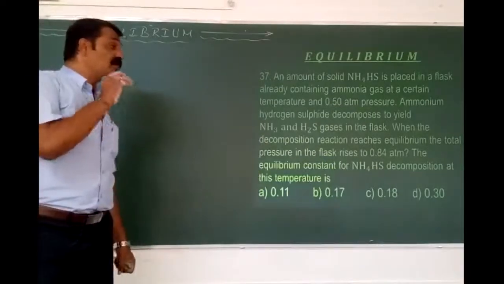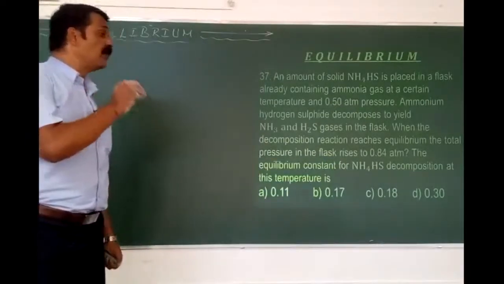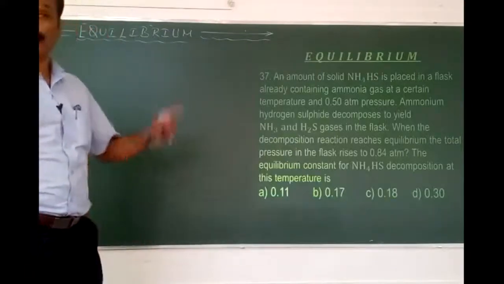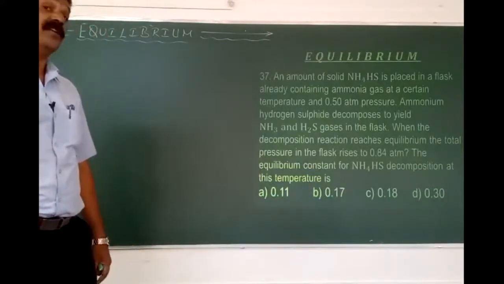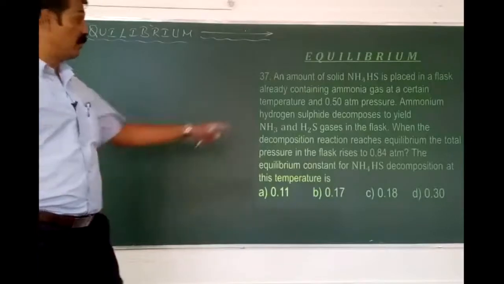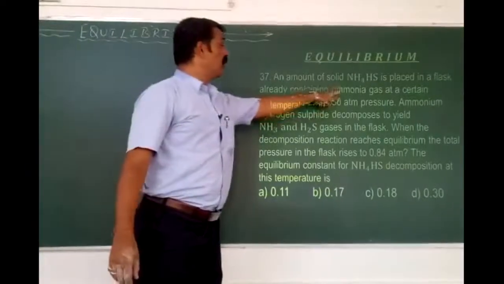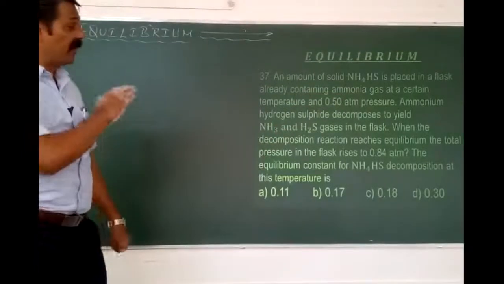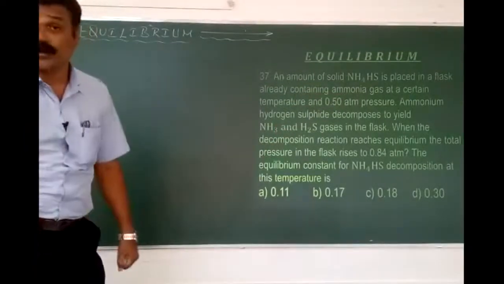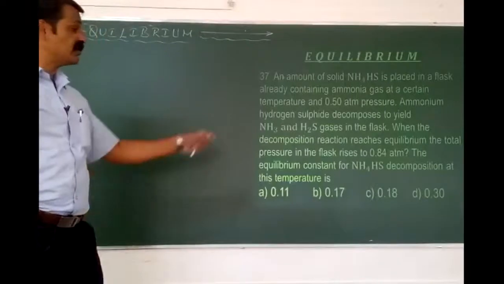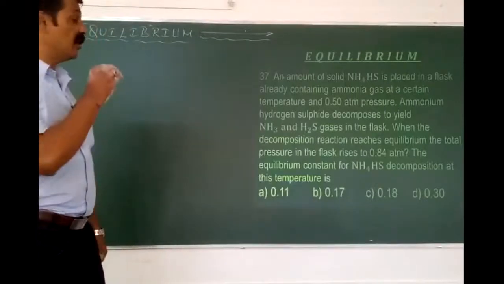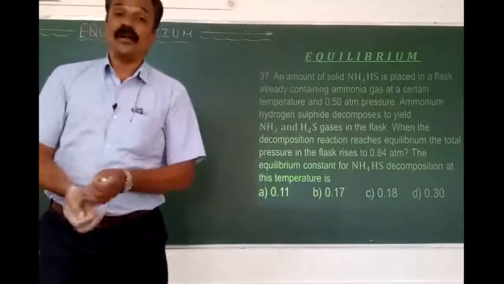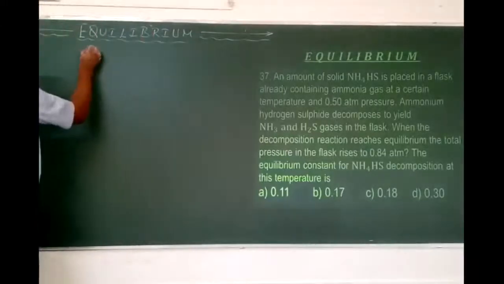When the decomposition reaction reaches equilibrium, the total pressure in that particular flask rises to 0.84. Initially it is already 0.5 because it already contains the ammonia gas of 0.5, but after attaining the equilibrium by heating to a certain temperature, its value becomes 0.84. Then what is the equilibrium constant for ammonium bisulfide decomposition at this particular temperature?